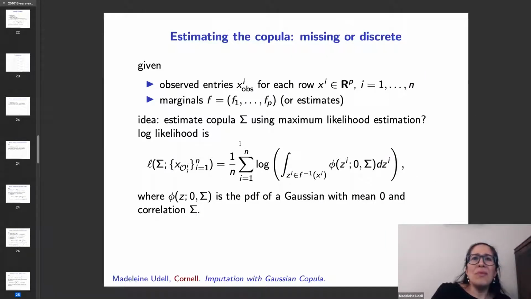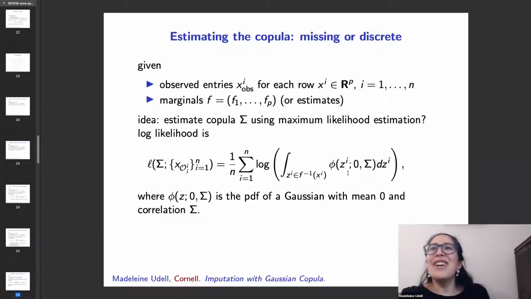You get a sum over each row, each data point, say each person in your voting sample, of the log of the Gaussian PDF, but you need to integrate over all the possible latent vectors z that could correspond to your observations. And here's the problem: even computing that integral can be expensive, much less optimizing over it.